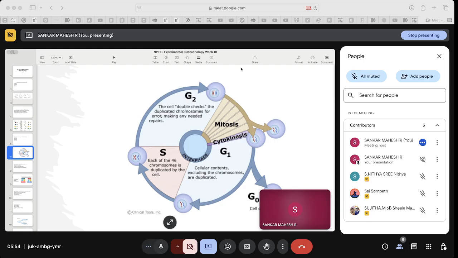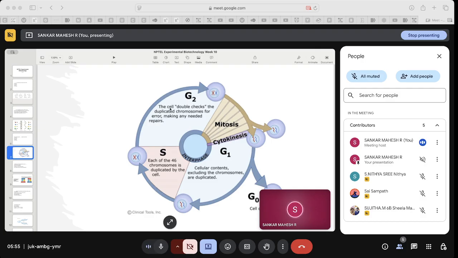You're right. So, what I generally wanted was this. In the G1 phase, you have the cellular content excluding the chromosome duplicated, which means everything other than your DNA. In the S phase, your chromosome is duplicated, so what you see as these single strands get duplicated.